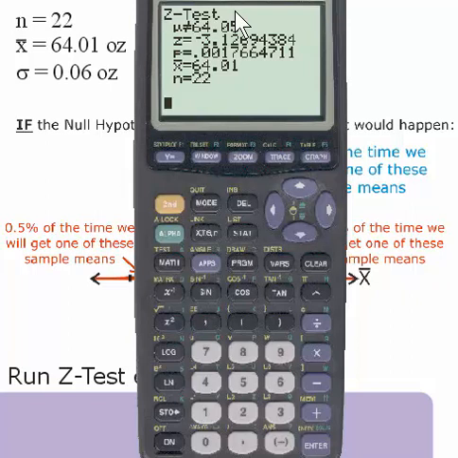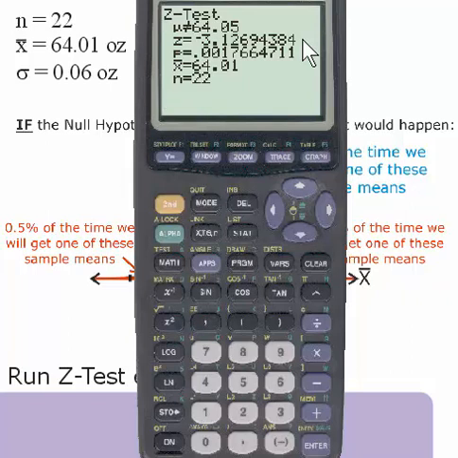The first line tells us we used Z-test. The second line shows what we entered in as our alternative hypothesis. Double check that it matches. The third line shows the value of our test statistic. You should always think about what this is telling you in every homework problem you do.